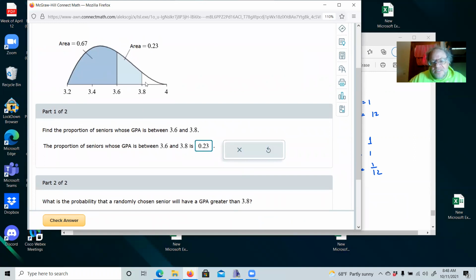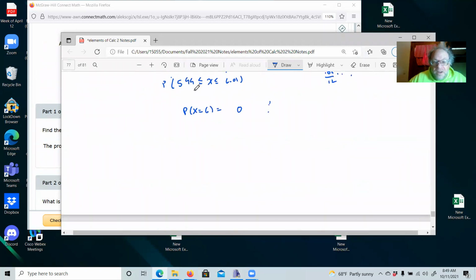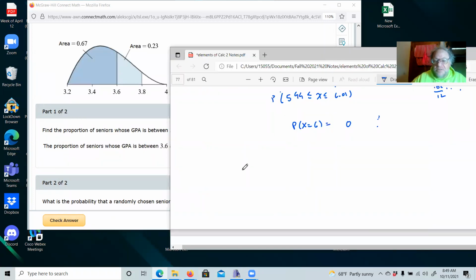Well, they didn't tell us. Okay, we have to actually calculate this out. So the areas have to sum up to 1, just like in the other one. All probabilities have to sum to 1. So these areas, 0.67 plus 0.23 plus, I don't know, this has to be 1. So I think we could do something like this: 67 and 23. This is going to be 6, 7, 8, 9.